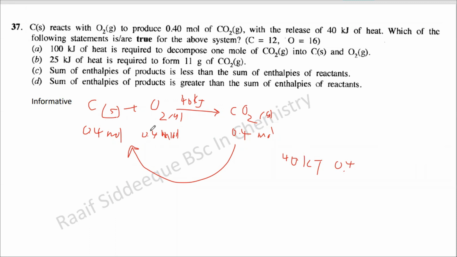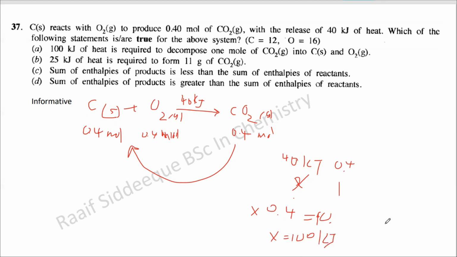If this is formed, the other way around is decomposition. What is the energy for 1 mole? When you do the cross multiplication, you will see 40 is equal to 0.4 times x. So x is going to be 100 kilojoule. 400 over 4 means 100 kilojoule.